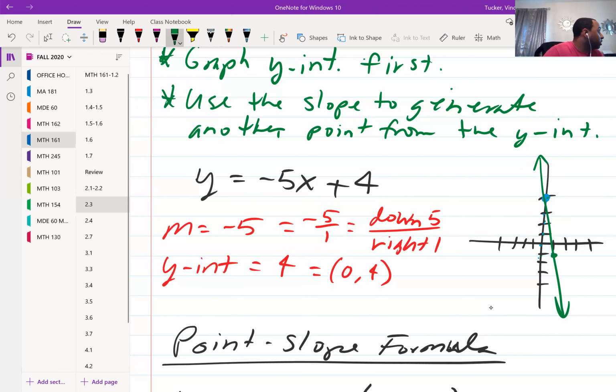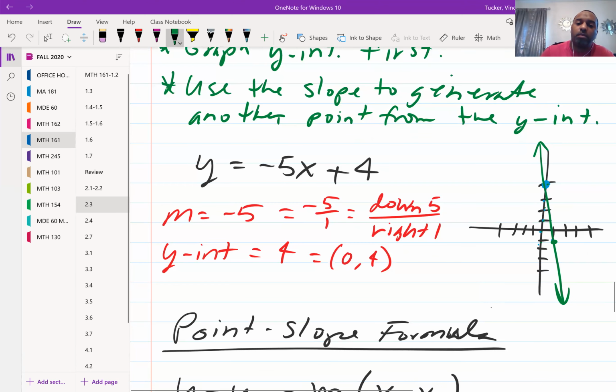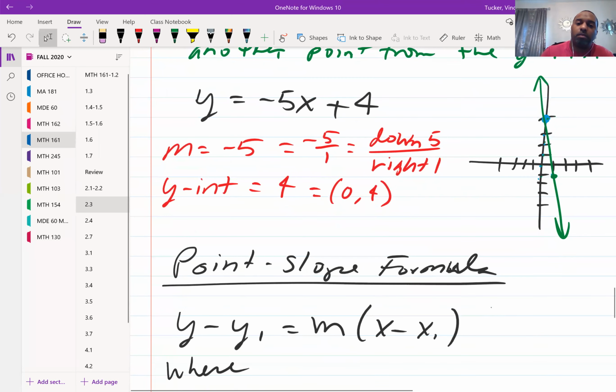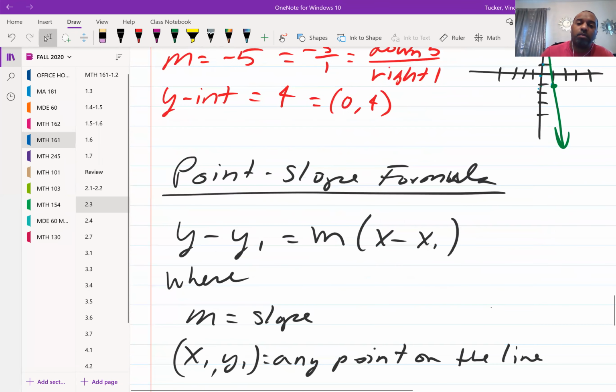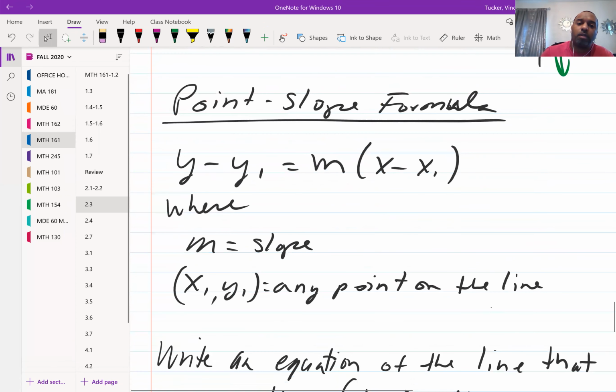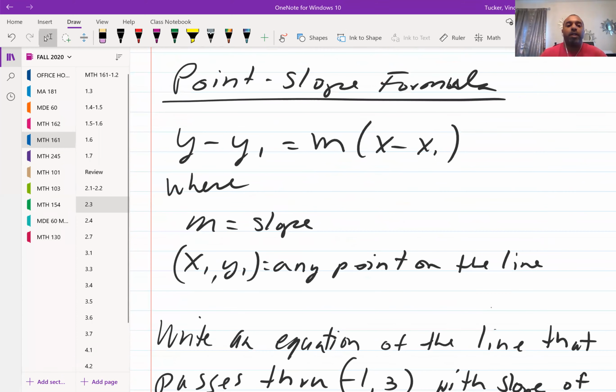All right, questions on graphing using your slope? All right, next one.